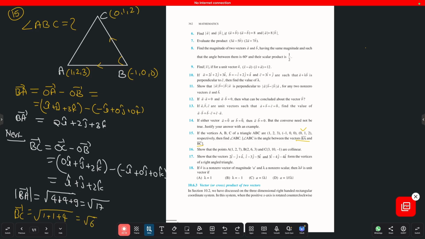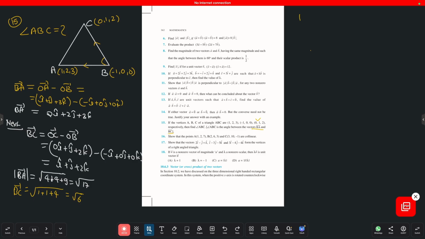So now, writing here, the angle between BA and BC. If theta is the angle, then cos theta will be BA vector dot BC vector upon mod BA and mod BC. Put all the values.